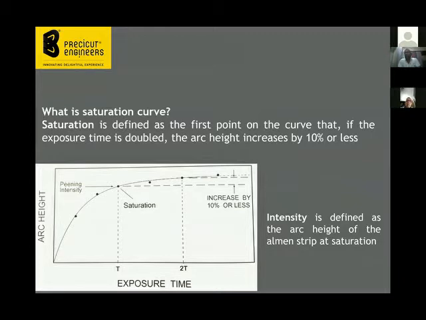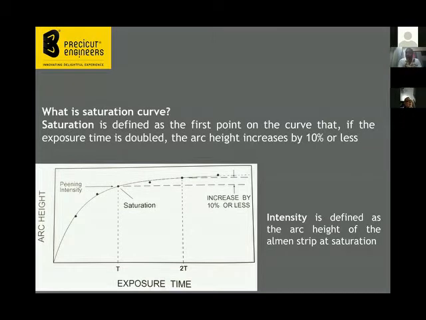So first thing is obviously we have to look into the saturation curve. So here I'll just briefly refresh the memory. I won't go into much depth, or much of the explanation. The saturation point is the most important aspect, the first step of the shot peening process.